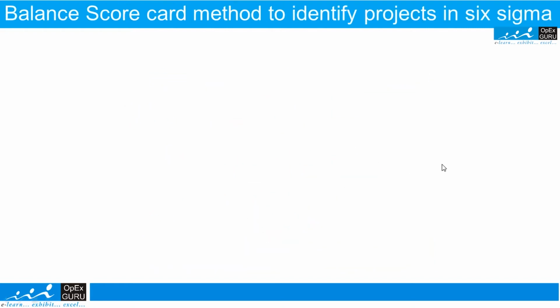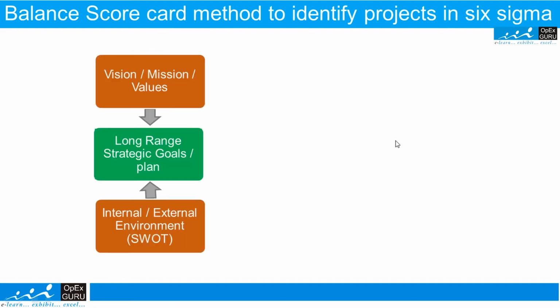Another approach to identify a Six Sigma project is the balanced scorecard. Many companies use the balanced scorecard methodology to identify Six Sigma projects. Here we have the vision, mission and values of the organization, and there is a SWOT analysis, which is strengths, weaknesses, opportunities and threats.